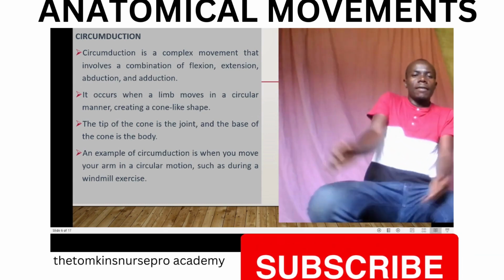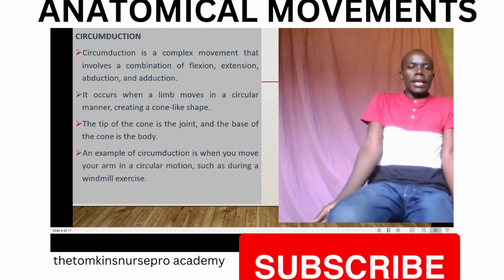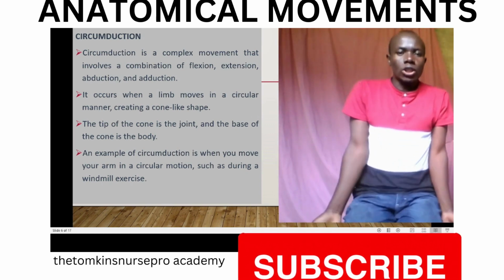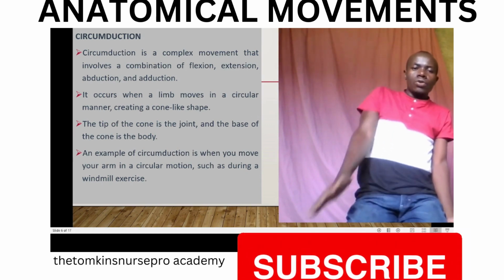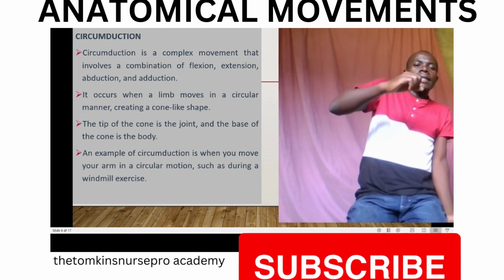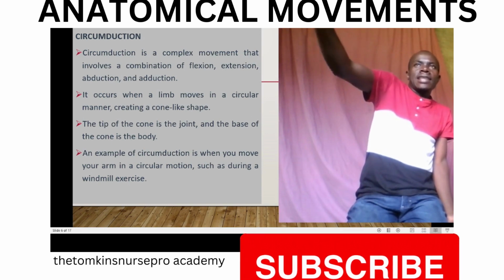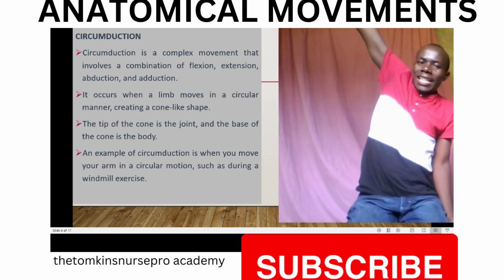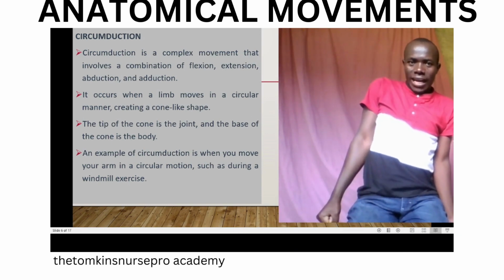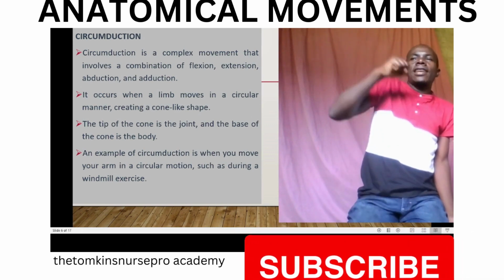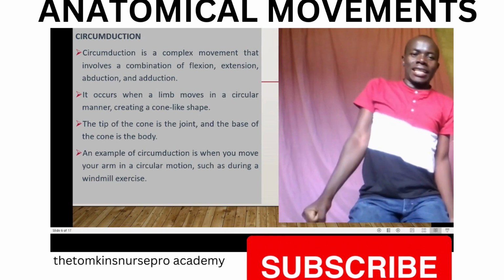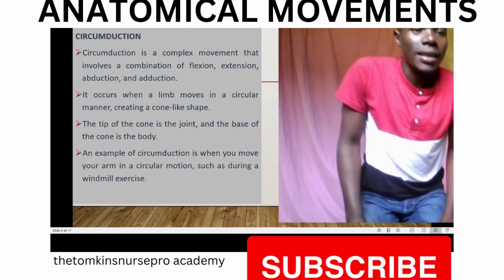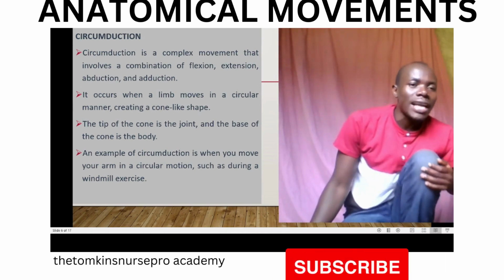If the upper limbs are in an anatomical position, you're going to flex, extend, abduct, and then adduct. That is the type of movement that we call circumduction.